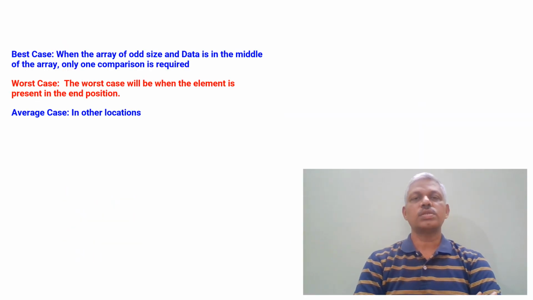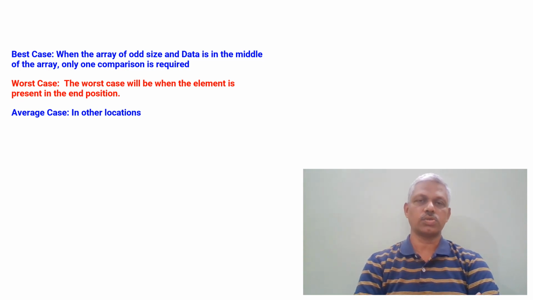Now, when it comes to the best case, whatever the size of the array, once we compute the mid value and the required value directly coincides with mid, the algorithm stops with only one comparison. So that becomes the best case. And the worst case will be when the elements are present at the end points.